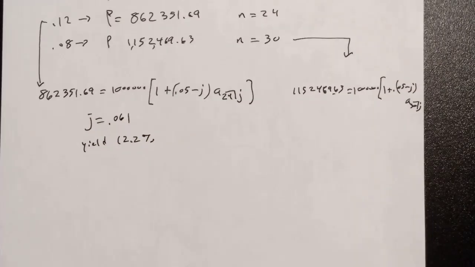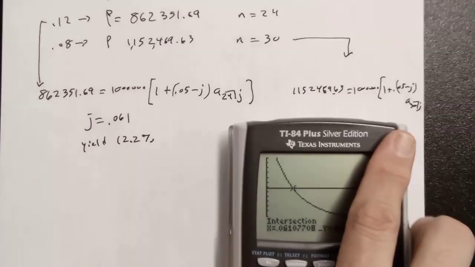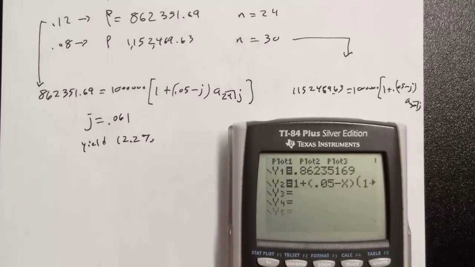Hey, wait a second. We paid a lower price, held it to the short end, and sold it. We earned more than the 12% where that price was calculated from. If I want to do this one, 1.15246963, and now I change that back to 30.